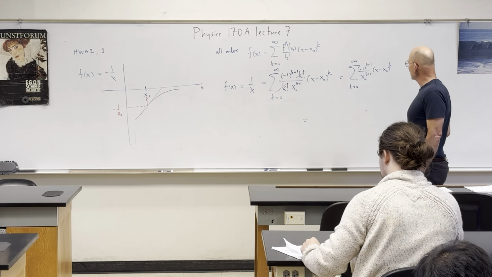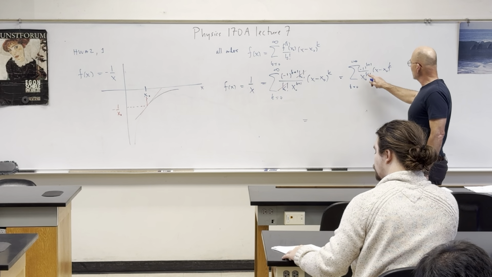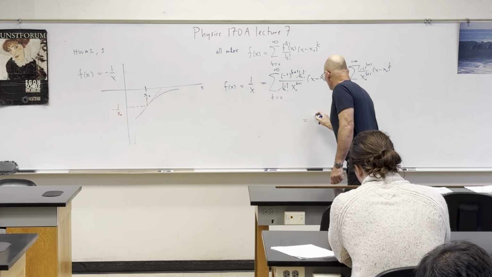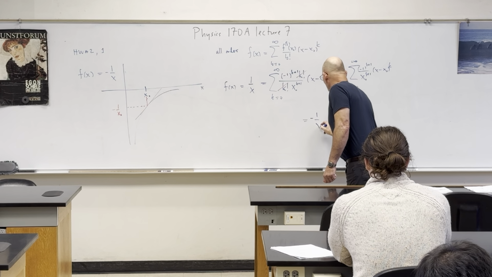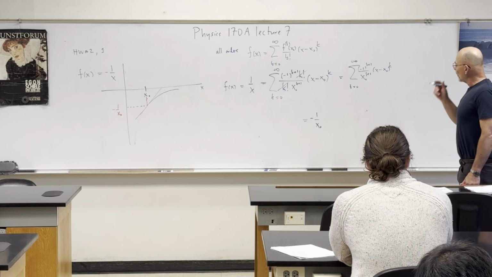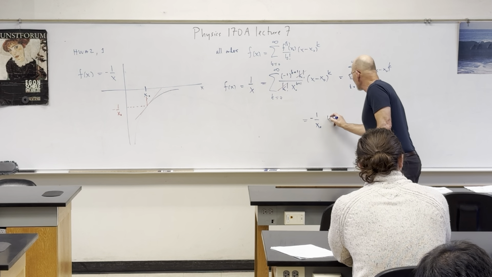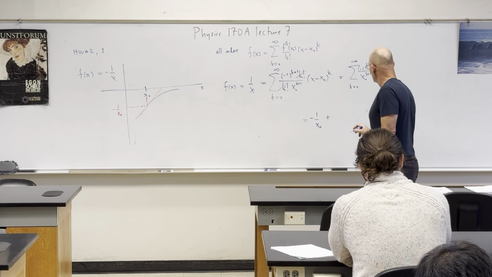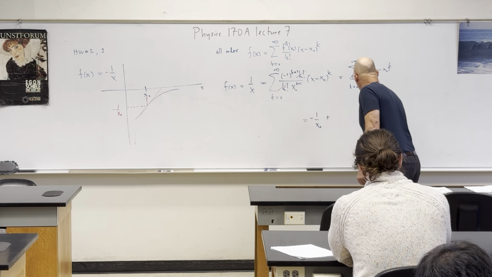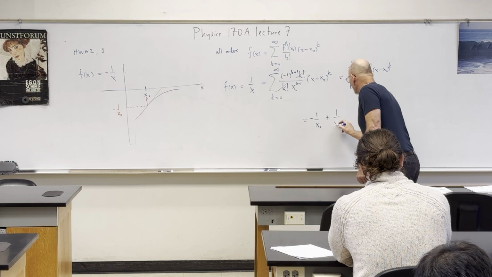take a few terms. So k equals 0, minus 1 to the 1, x naught to the 1. So that's our minus 1 over x naught. And k equals 1, minus 1 squared, we get a plus 1 over x naught squared, times (x minus x naught).